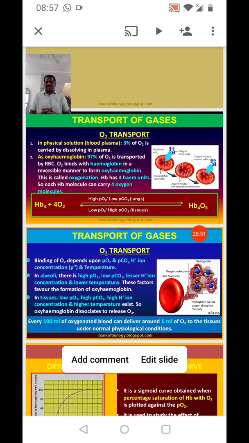Understood? This is a very good thing. Suppose our heart stops working, we can be alive for 4 to 5 minutes due to the presence of oxygen in the blood. Understood?